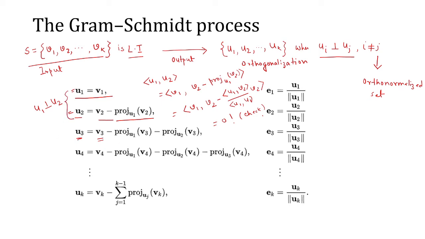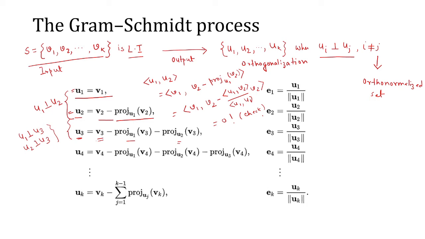For the third vector, as I was telling, u3 would be v3 minus the projection of v3 in the direction of u1, minus the projection of v3 in the direction of u2. Exactly in the same way as was done for the vector u2. This is for u3. And now you can check u1 is perpendicular to u3, u2 is perpendicular to u3 as well. And we have seen u1 is perpendicular to u2.